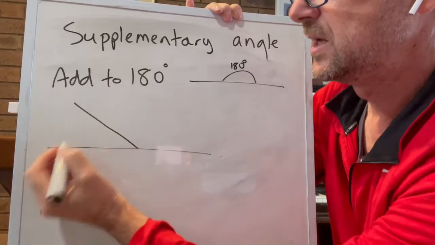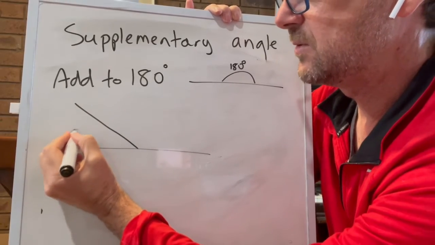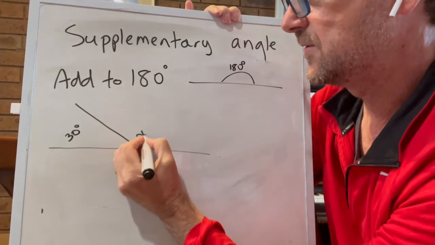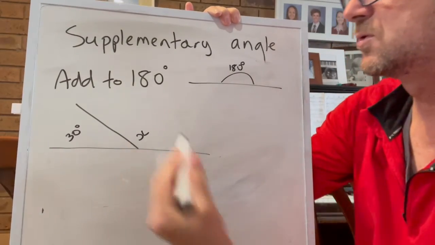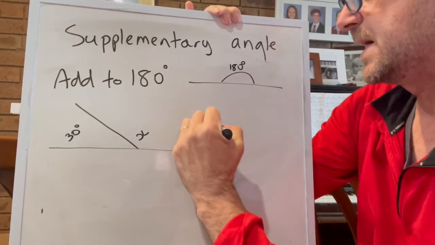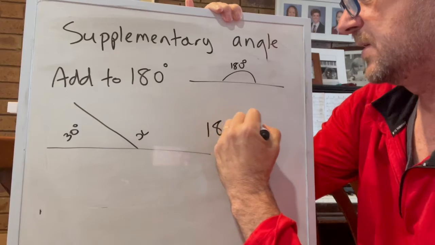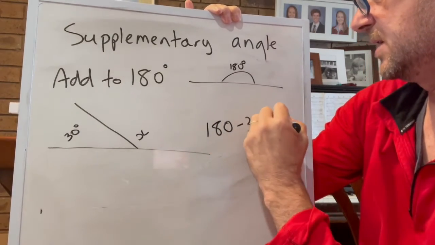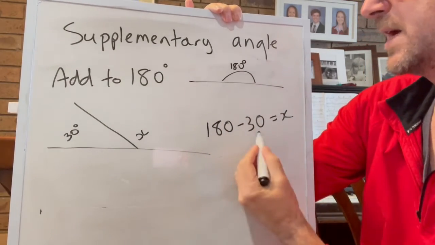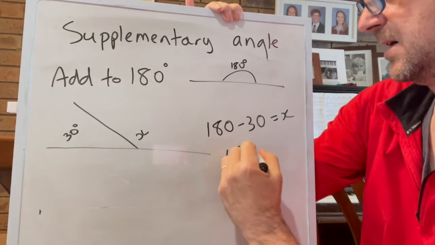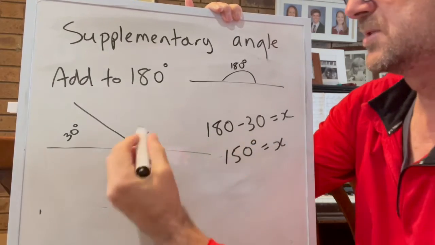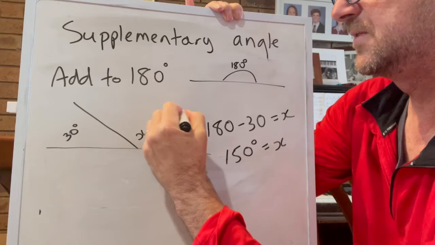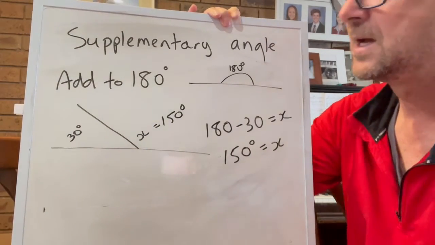So for example, you're told that one is 30 and you're trying to find the remainder, okay? In order to do so, it'll be 180 take away 30, and that will equal x. So 180 take away 30 is 150 degrees, so x equals 150 degrees, okay?